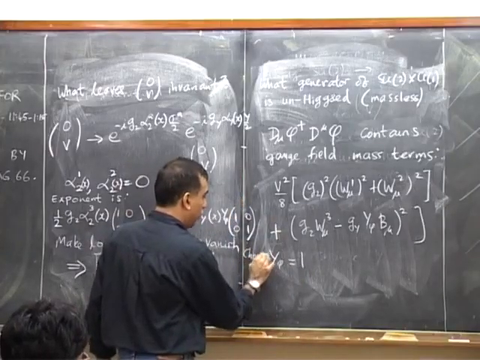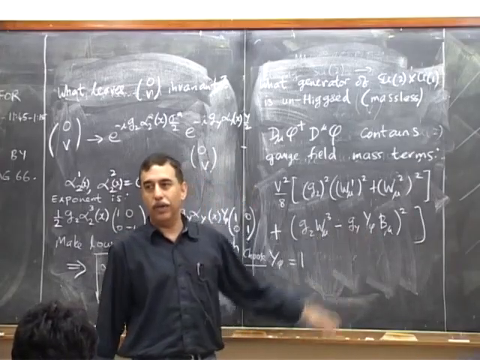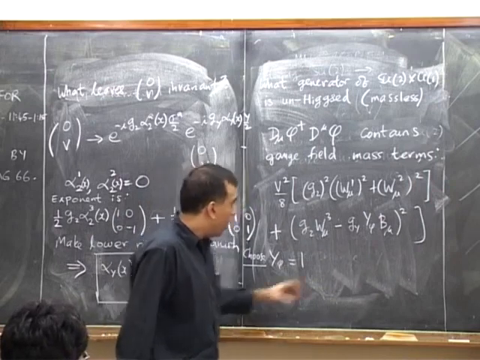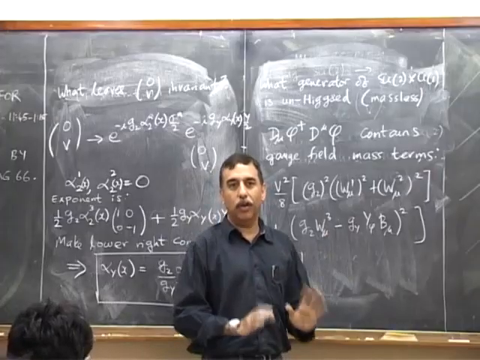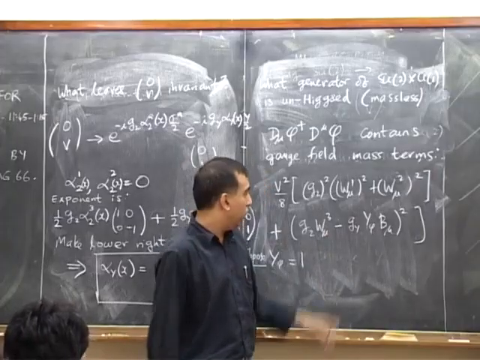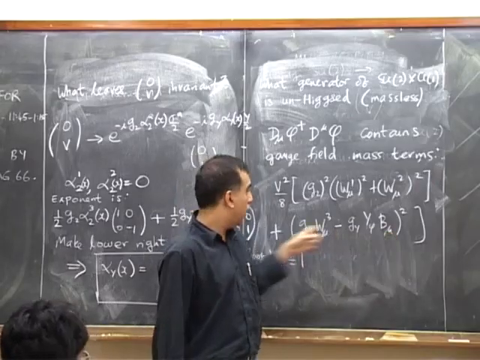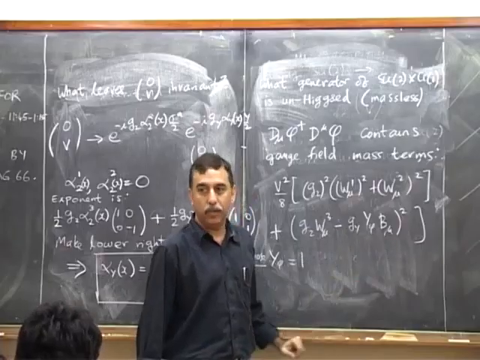Maybe I made too much of this point. I'm just saying it's a convention in the sense whatever else it is could have been absorbed into the definition of g. But by choosing it to be 1, we are committing ourselves to a non-zero value, and a non-zero value leads to mixing. It means that a combination of W mu 3 and B mu has a particular mass, and some other combination which doesn't appear here has no mass.